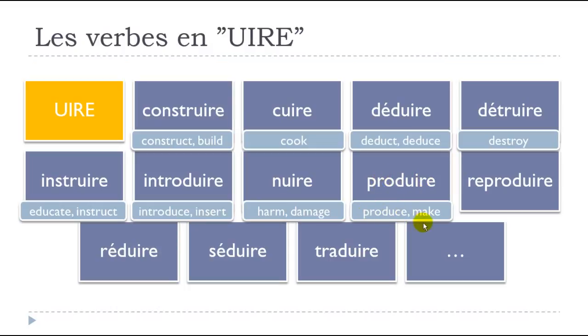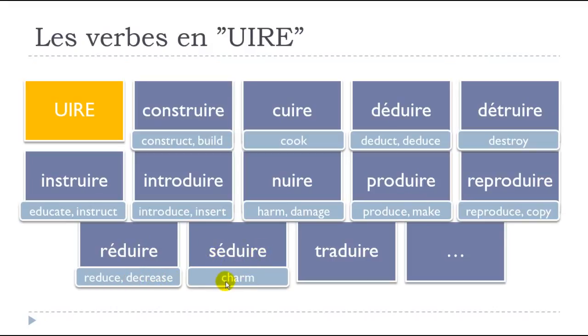Produire, produce, make. Reproduire, reproduce, copy. Réduire, reduce, decrease. Séduire, charm. Traduire, translate. Okay, so keep in mind that these verbs here will actually be conjugated like we saw a few minutes ago.